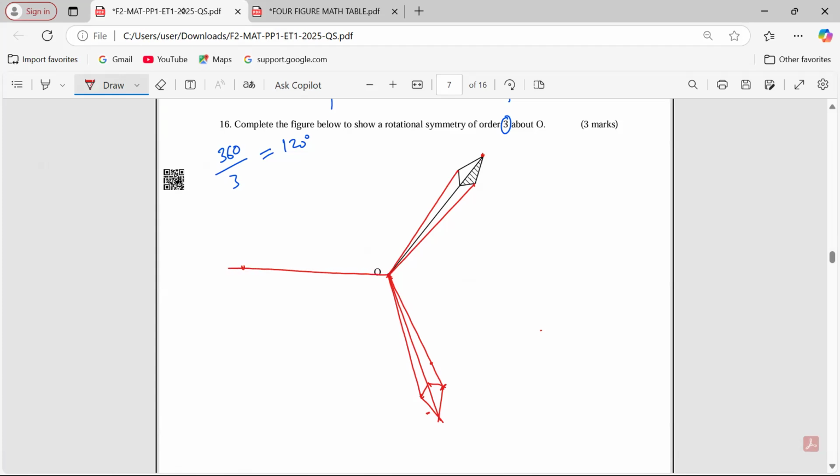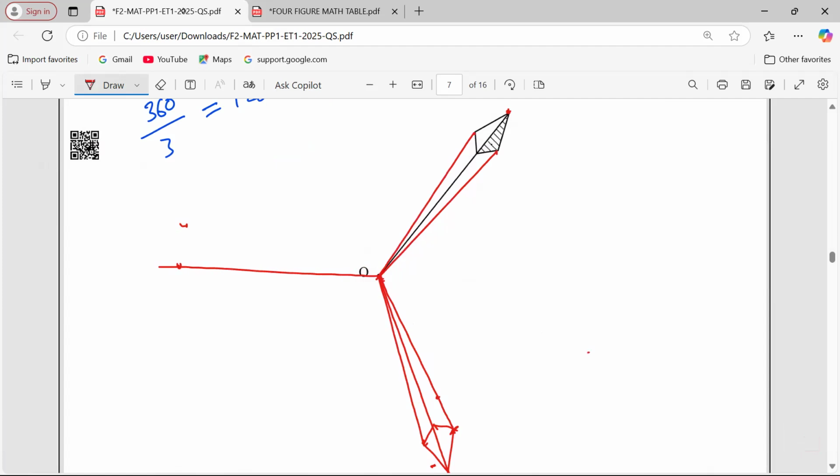We also measure 120 again for the other part. Where we shall be. So that is it.